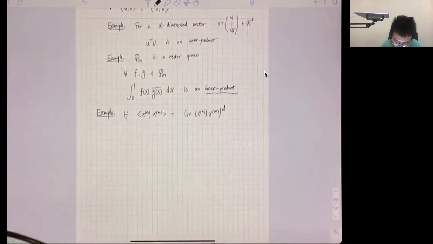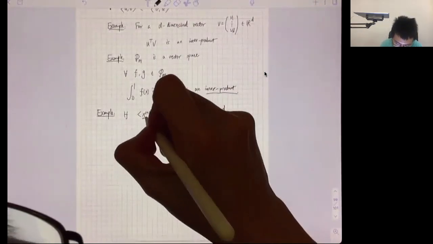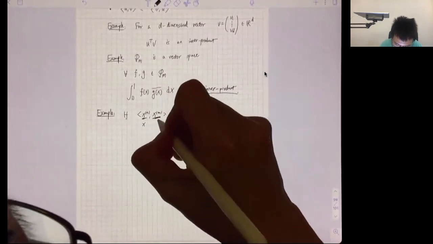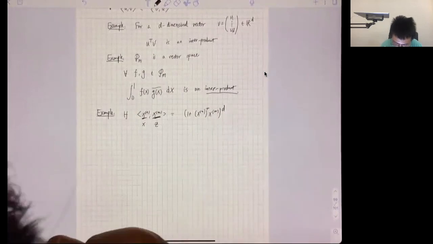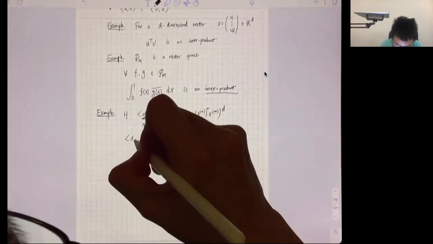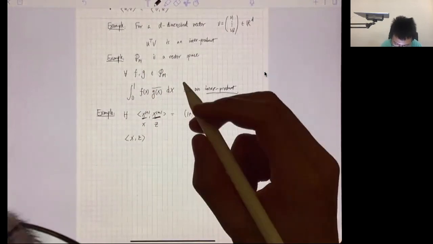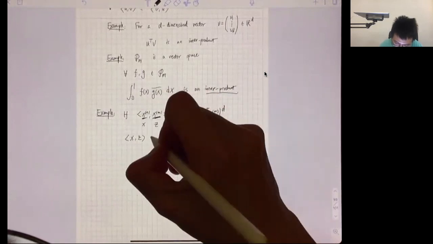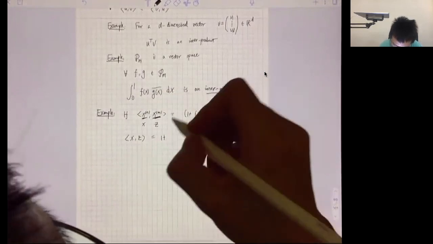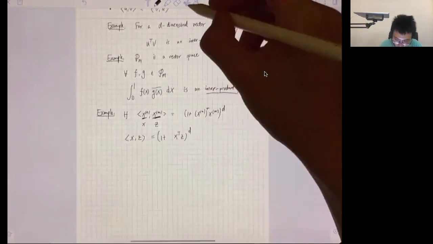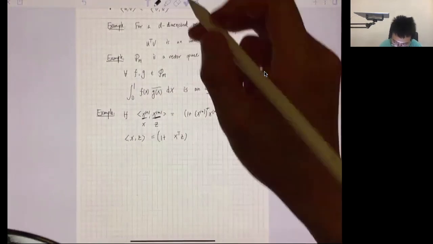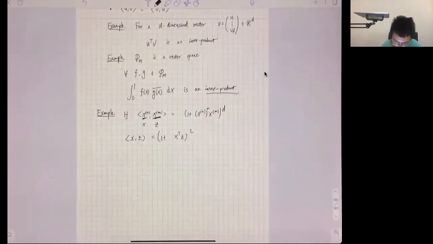Okay, so let's simplify notations. Let's call xn as x and xm as z. Otherwise there are too many superscripts and it's very confusing. So let's say the inner product of x and z, where x and z are in my vector space, is 1 plus x transpose z to the power of d. But let's just say the power is 2. Okay, let's see what happens.